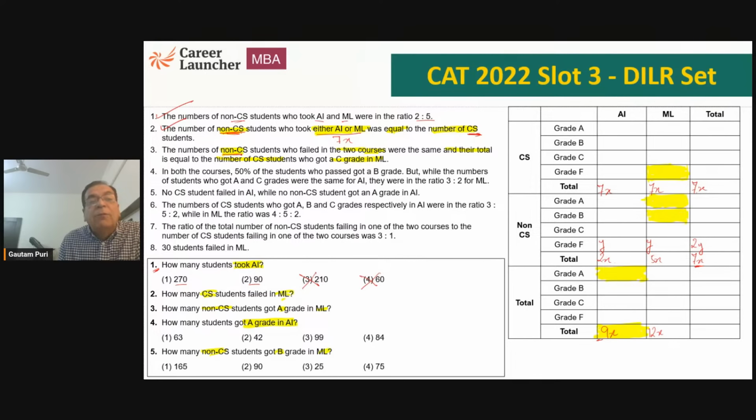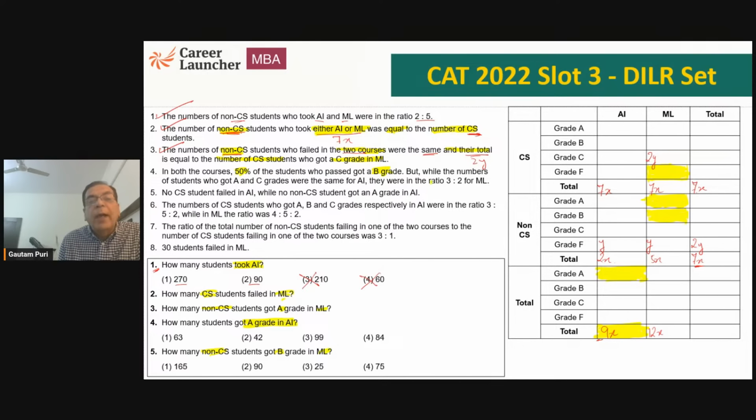Why? Because the number of non-CS students who failed in the 2 courses, each is Y. That is the same. So then the total will be 2Y, which is equal to the number of CS students who got the C grade in ML. So the number of CS students with C grade in ML will also be 2Y. Okay. So statement 3 taken care of. Statement 4. In both the courses, 50% of the students who passed got a B grade.